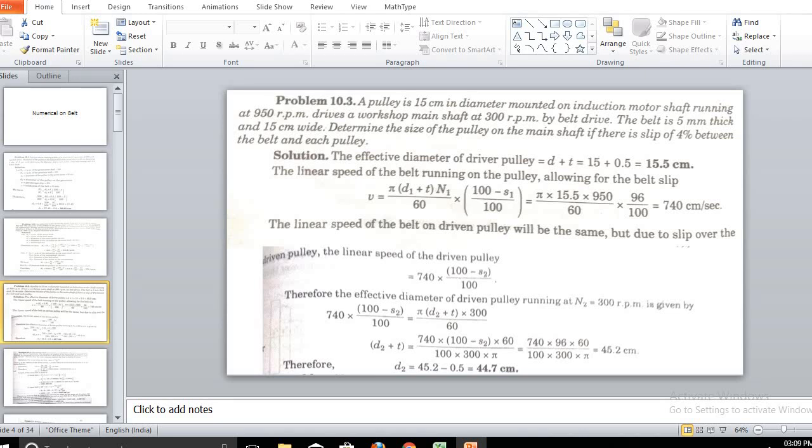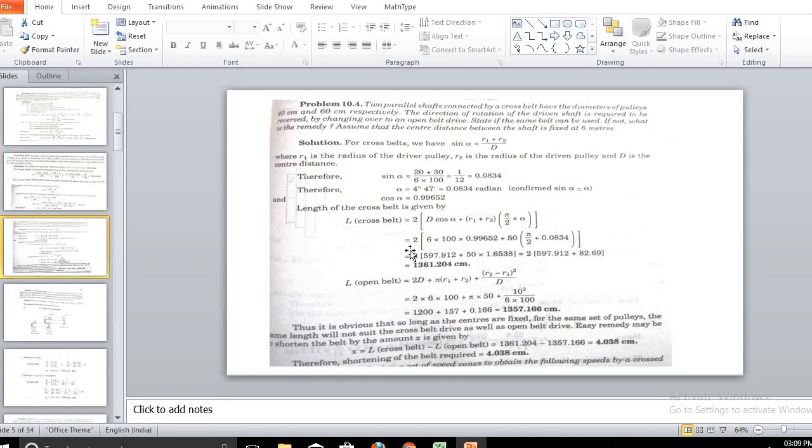That's why we equate this value. This is the linear speed of the belt on the first pulley, and the linear speed of the belt on the second pulley. We equate these as both are equal, and then we can find the diameter of the second pulley as 44.7 centimeter.